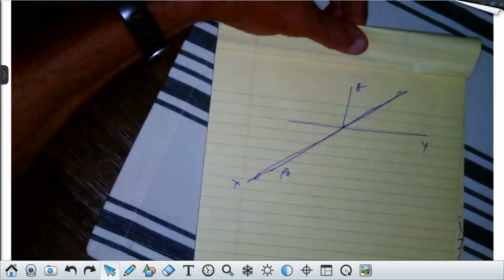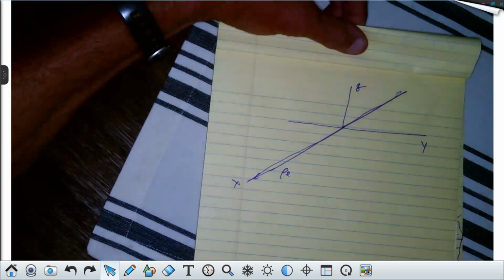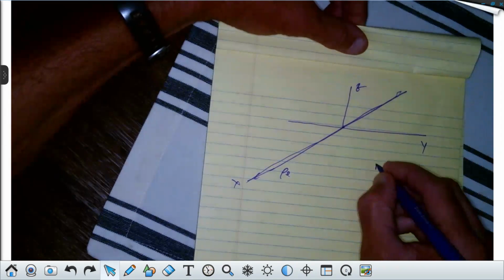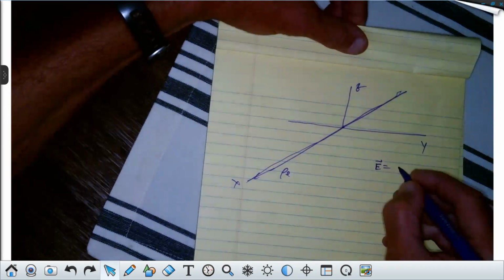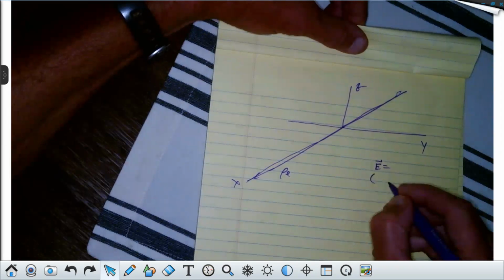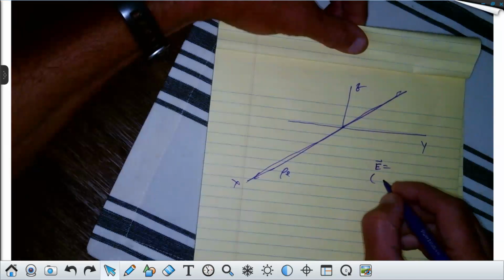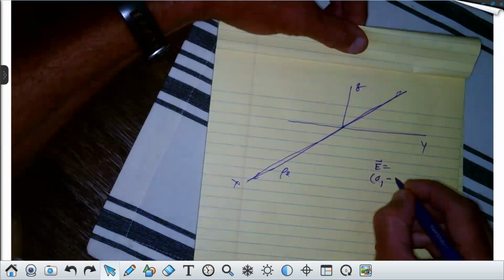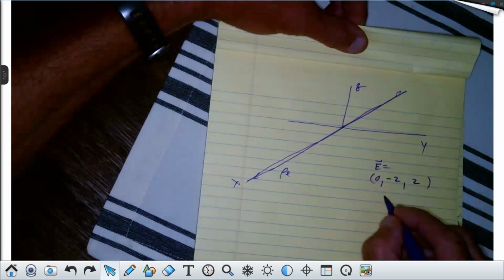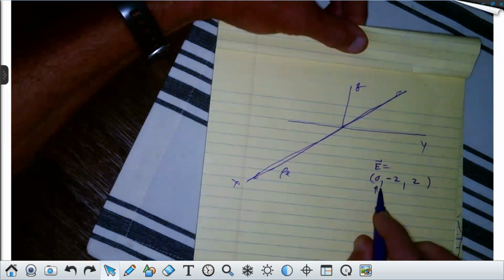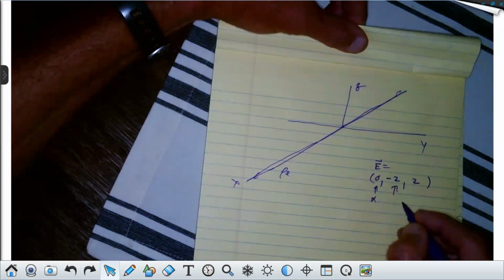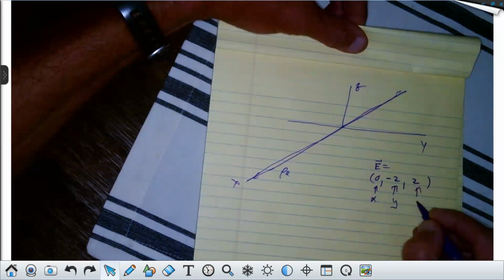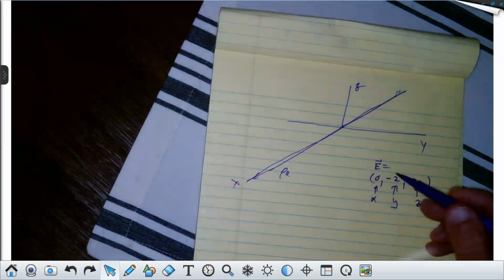Now I want the electric field at the point from that infinite line charge. Follow me on this: the point is x equals 0, then minus 2, 2. When they do coordinates, the first coordinate is the x coordinate, the second is the y, and the third is the z, if they do it in the classical parenthetical way.